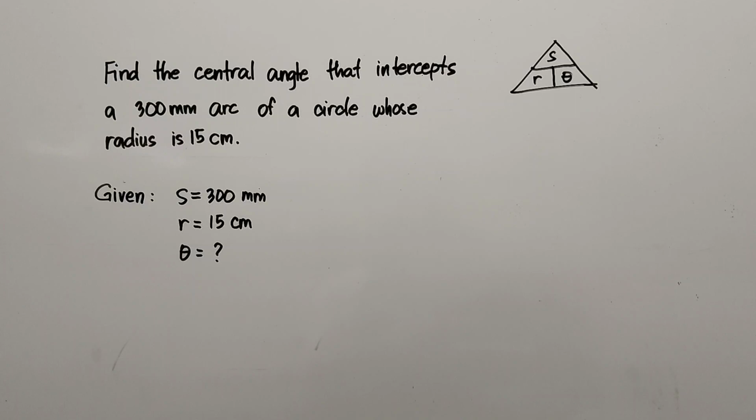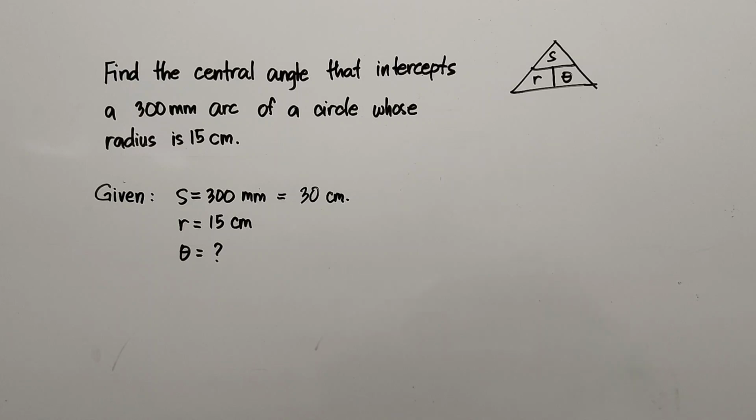Before proceeding to the solution, we make sure that the units used in our problems are consistent. We will be using centimeter instead of millimeter. So we will convert first 300 millimeter to centimeter. Since 1 centimeter is 10 millimeter, this 300 millimeter is equivalent to 30 centimeter.